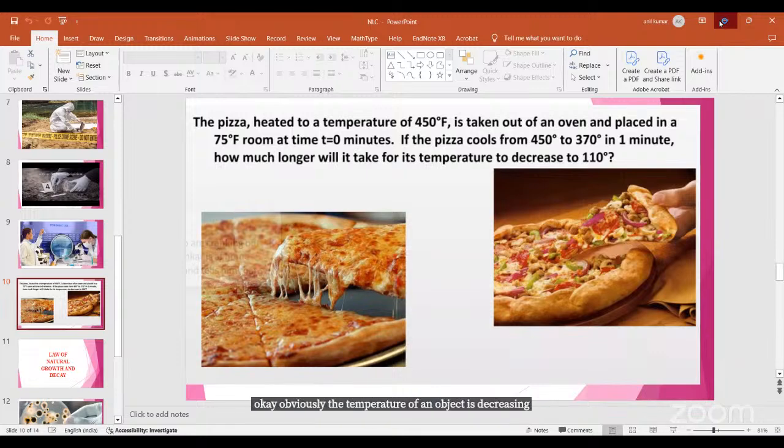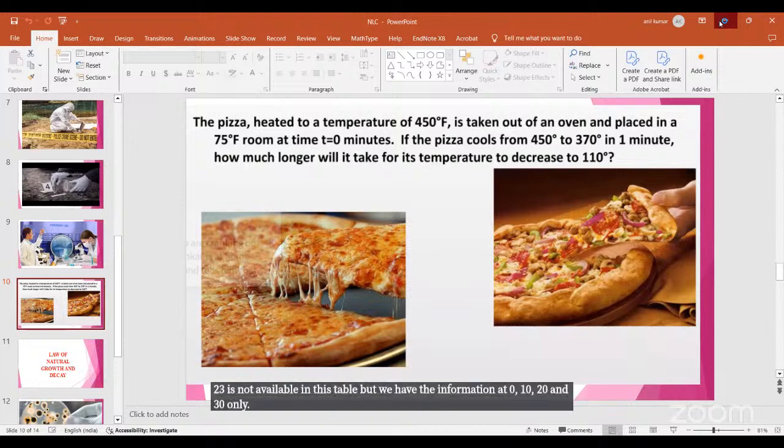Now, the question is, what is the temperature of an object after 23 minutes? This 23 is not available in this table, but we have the information at 0, 10, 20, and 30 only.